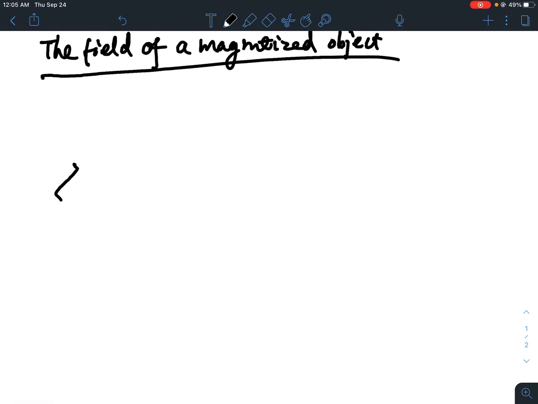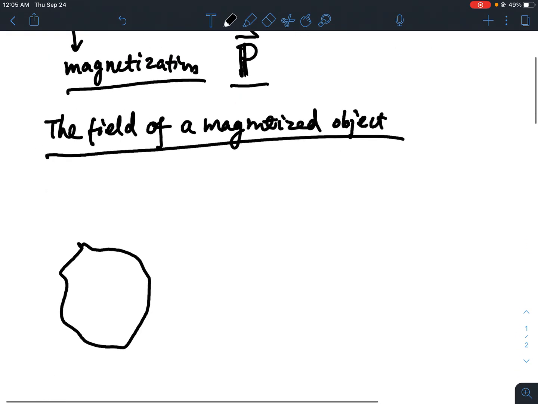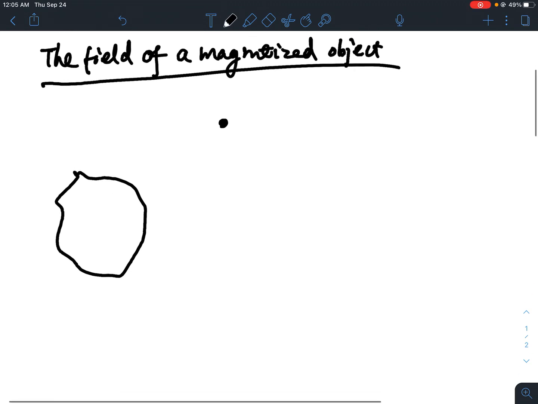Let us say I have some material with some magnetization M, which can depend on the position. We want to know the magnetic field at this point in question. What we do is like what we did before with a polarized object, where we wanted to figure out the electric field.